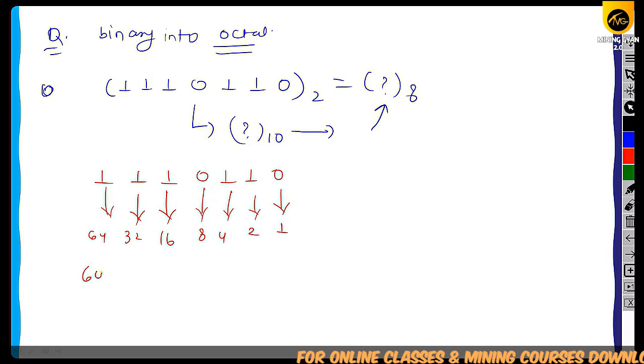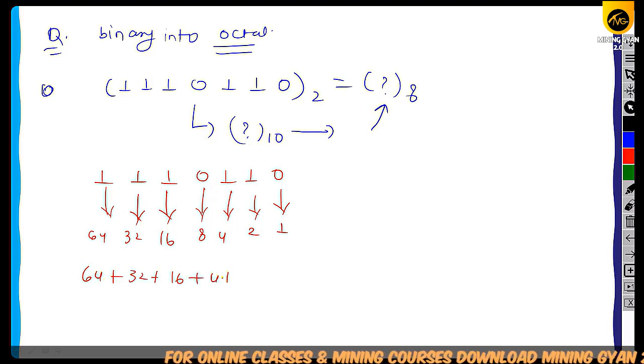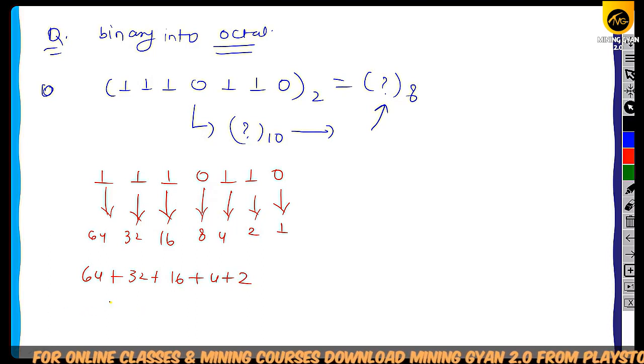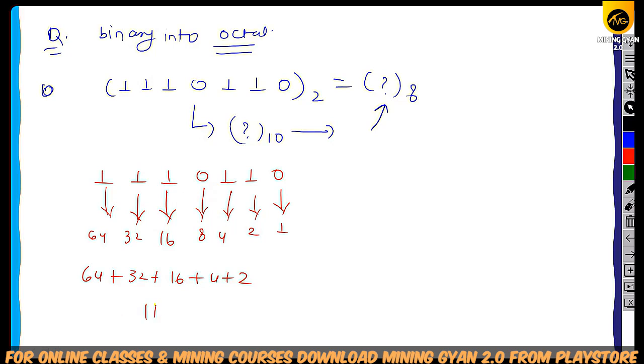So add 64 plus 32 plus 16 plus 4 plus 2. So 64, 96, 112, 116, 118. So 118 is the decimal number.